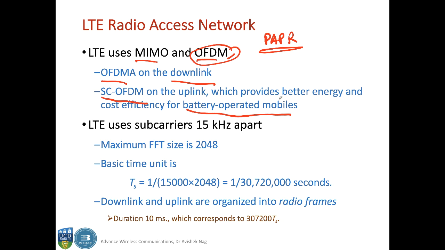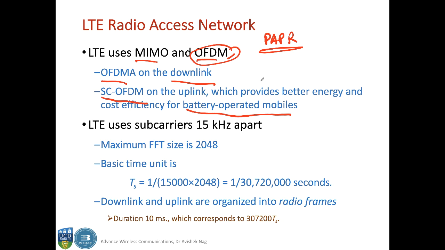Because of many subcarriers that are added together, the power level of the OFDM signal is high, and that causes certain problems because the amplifier circuits used in the transmitters and receivers may go beyond their linear region of operation.